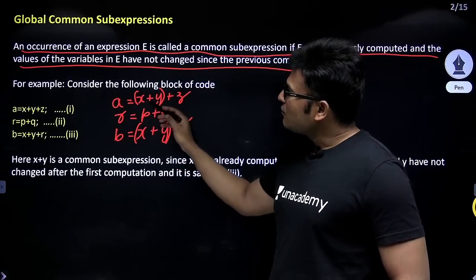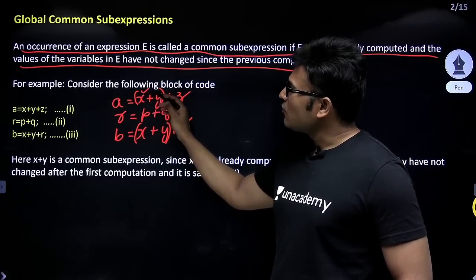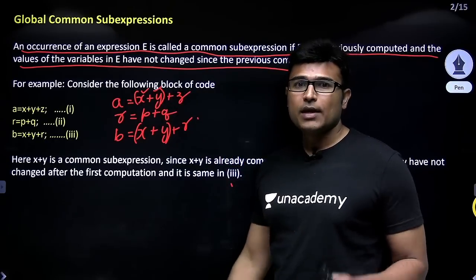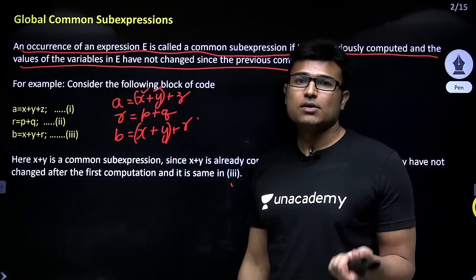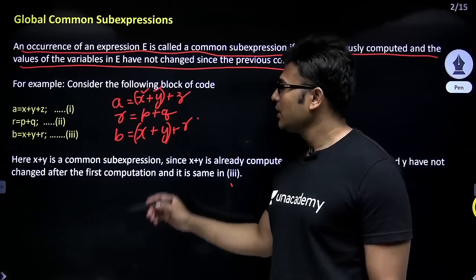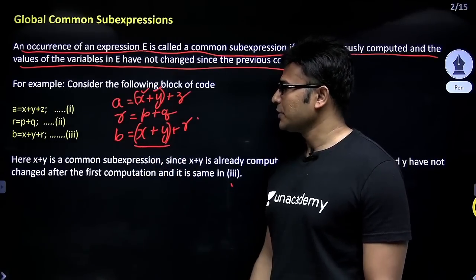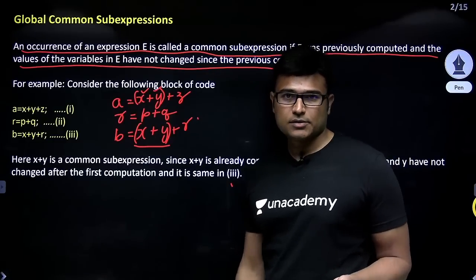The value of neither X nor Y changed between these two, so X plus Y qualifies to be a common sub-expression. Therefore X plus Y is a common sub-expression and it can be eliminated.